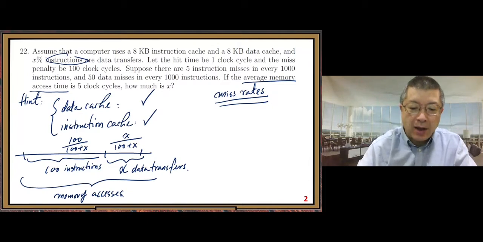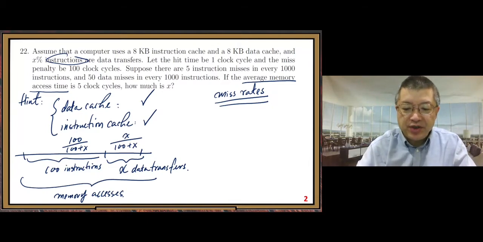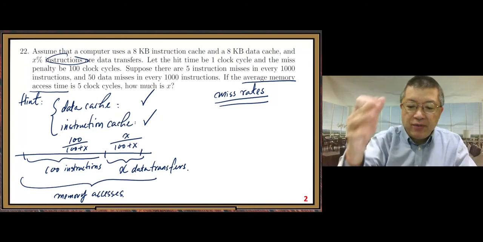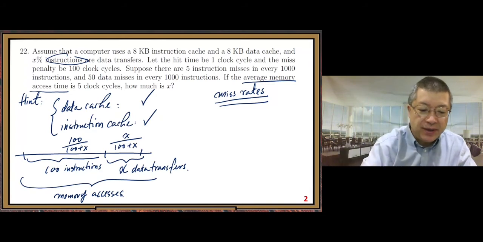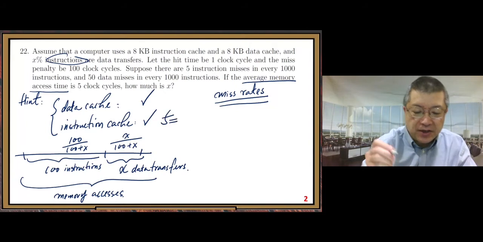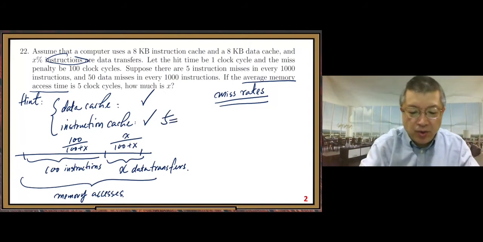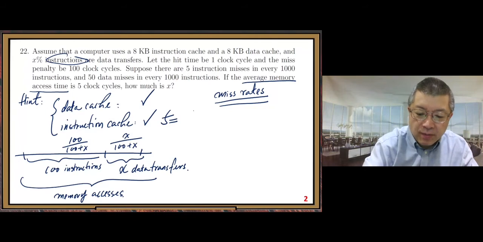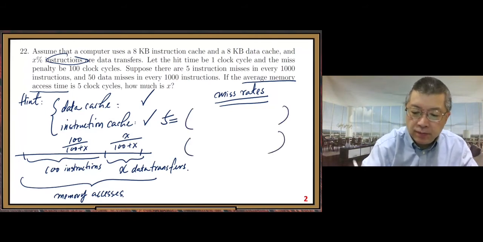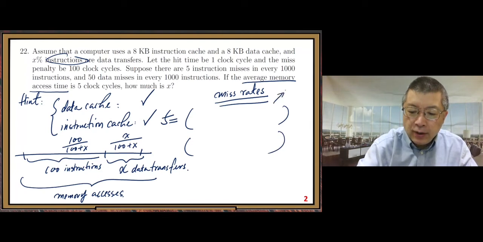Now we can represent the average memory access time: 5 clock cycles. When you write the expression, there are 2 parts: part 1 instruction cache, part 2 data cache.